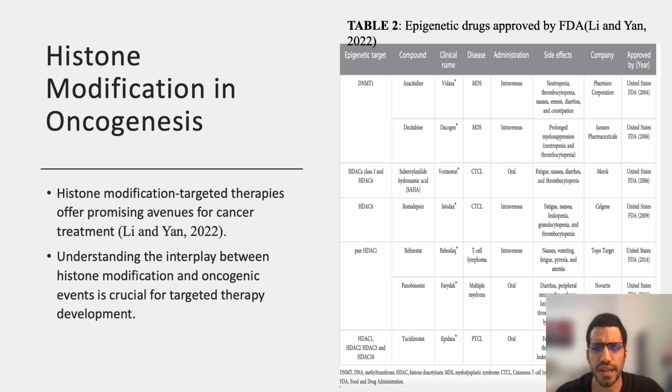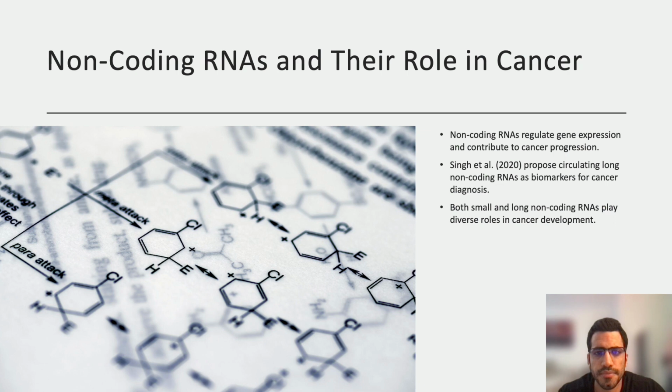Now we move on to the last topic, which is the non-coding RNAs and their role in cancer. Non-coding RNAs are RNA molecules that do not encode for proteins but do play an important role in gene regulation. They can be divided broadly in two categories, small and long non-coding RNAs.